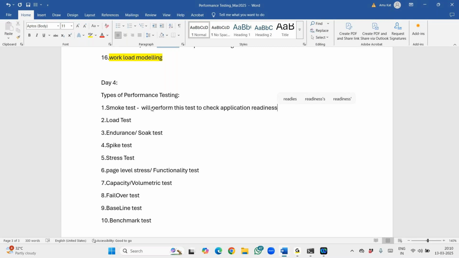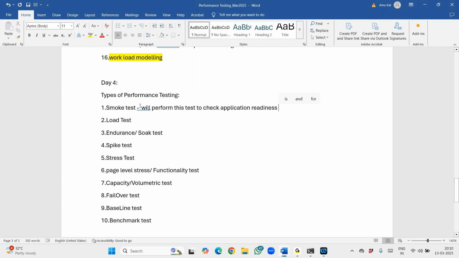If the application is up, or having any degradations, or any deployments happening, whatever it might be, before performing any other performance testing we just check whether it is working properly.